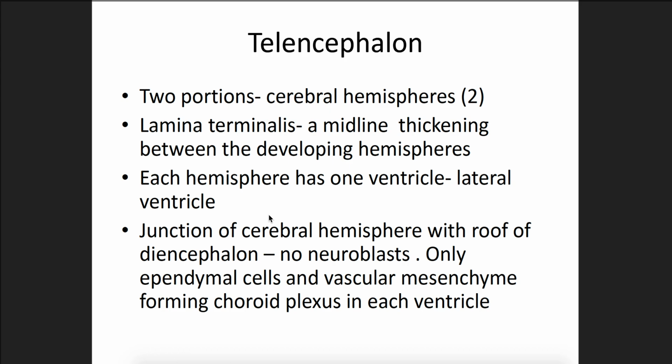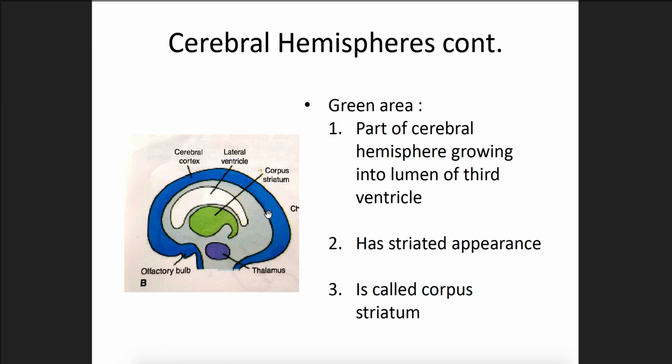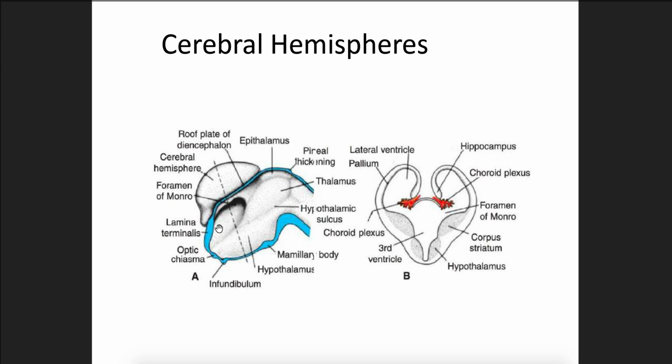When you talk about the development of the cerebral hemispheres, there is a midline structure called lamina terminalis, and it is a thickening between the developing hemispheres. I think they've shown this structure here. This is lamina terminalis, and this is a thickening in the midline.